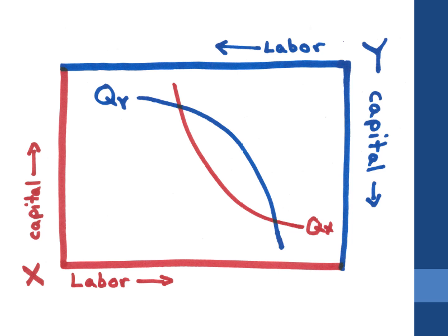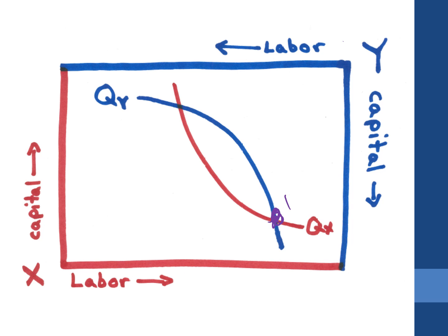Well, if I take firm Y's isoquant and I cartwheel it onto firm X's isoquant, we can think about, okay, if we had some initial distribution of labor and capital, say, point 1 here, right? Do we end up with input efficiency?